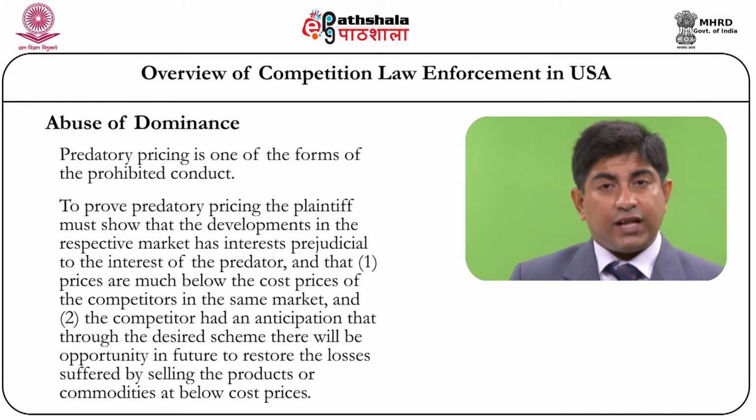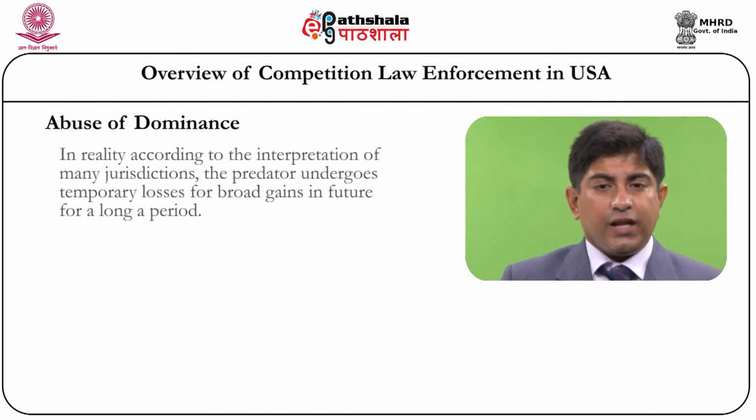If these things actually happen, then predatory pricing is established beyond reasonable doubt. In reality, according to the interpretation of many jurisdictions, the predator undergoes temporary losses for broad gains in the future over a long period.